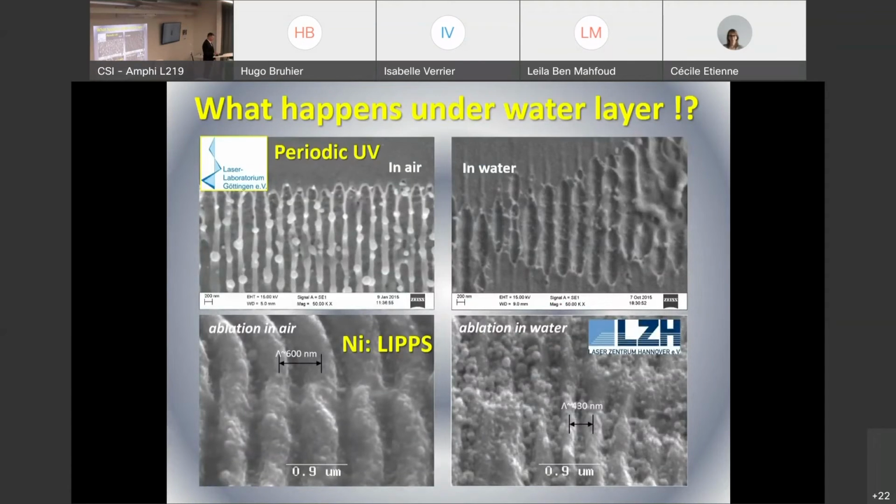only the nanostructuring underwater. So the idea is that experimentally it was detected that nanostructures generated in water have cleaner character and they have finer dimensions. So it seems that the water has a good effect on the nanostructuring process, and we will try to understand why.